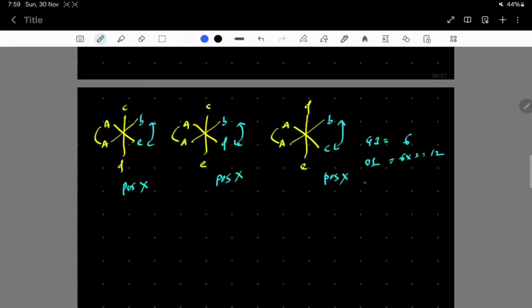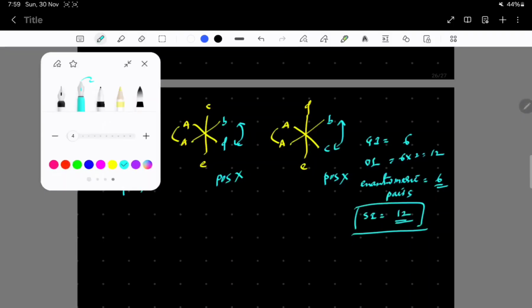Now the enantiomeric pairs, the answer will be 6 only. Am I correct or not? Now tell me, the total number of stereoisomers is equal to 12. This is a most important question, just practice the example. I think you are following, okay?